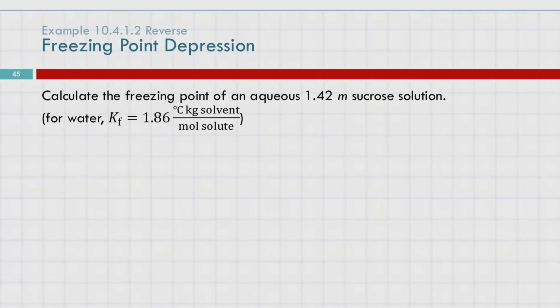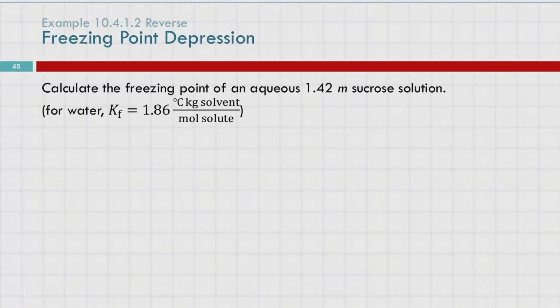All right, freezing point depression calculation. Delta T sub F equals lowercase m times big K sub F. That's our equation for freezing point depression.